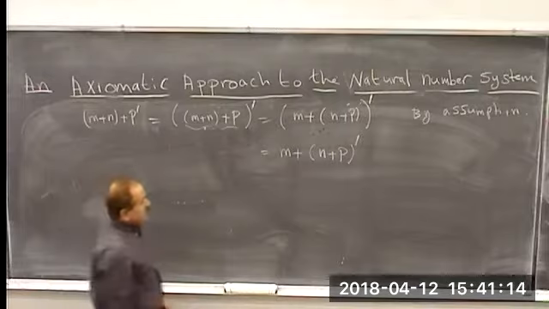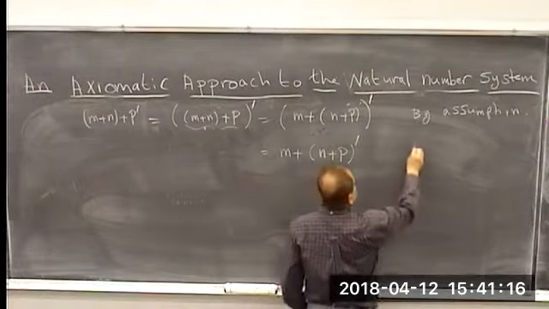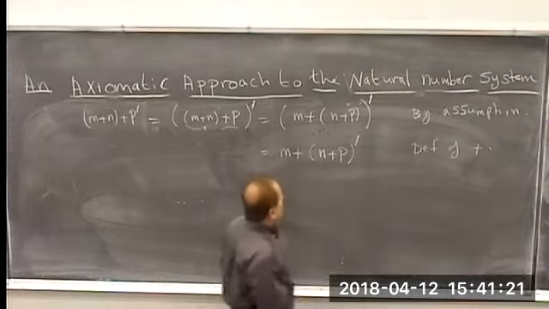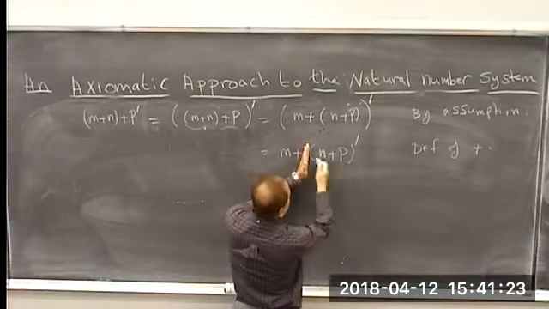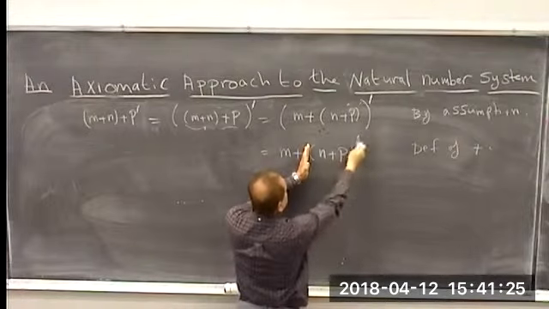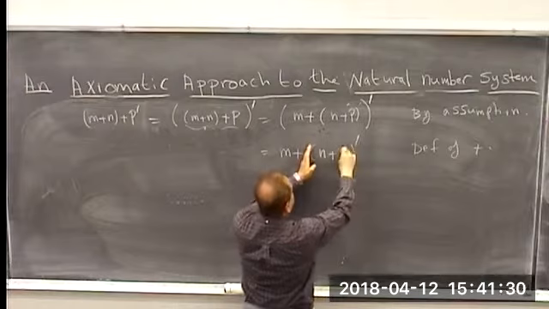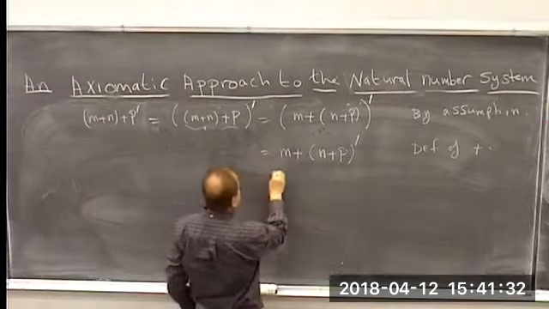All right, so this is definition of addition. Also, definition of addition, when you have two things added with a successor here, you can pass the successor inside the second thing.